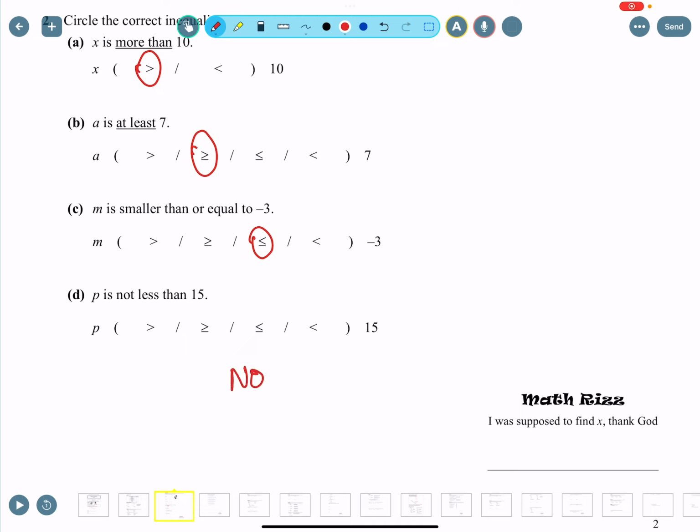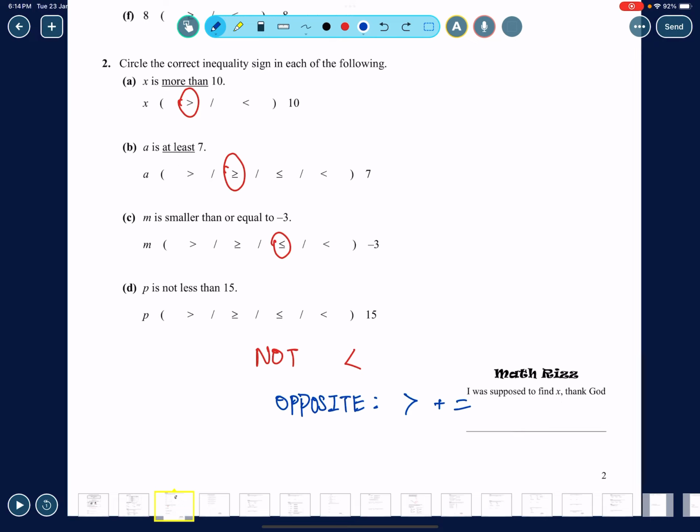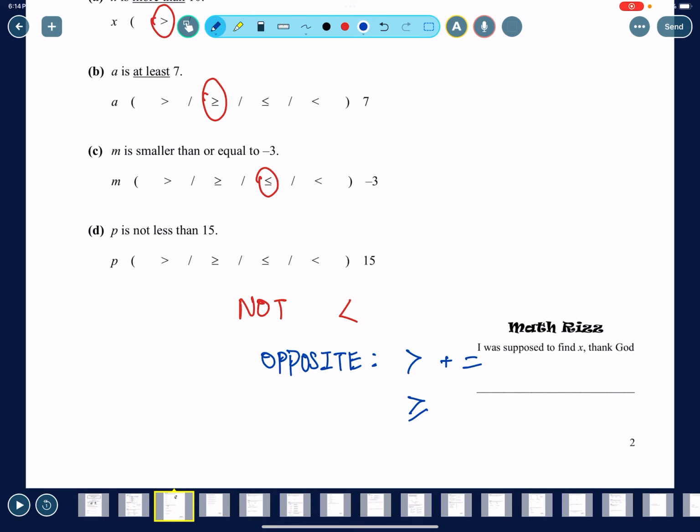Not less than. Not less than is basically the opposite, which is greater than. I know everybody knows it's greater than, plus the equal sign, okay? Because this one doesn't have an equal sign, therefore the opposite has to have an equal. Greater than equals to.